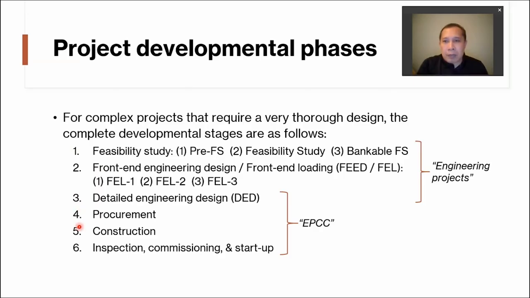Construction, as the name implies, is the step where we build the plant. And lastly, inspection, commissioning, and startup. These last 4 steps are collectively called EPCC: engineering, procurement, construction, and commissioning.